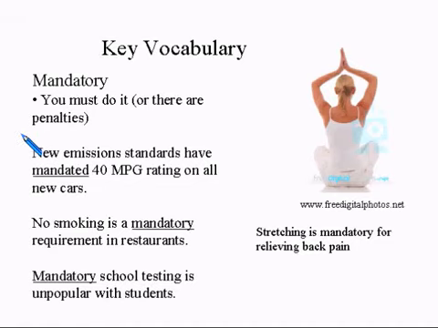So for example, new emission standards have mandated 40 miles per gallon rating on all new cars. So what have the companies done? They cheat. They put it on a dyno with no wind, and they get these fake miles per gallon ratings, and it's all a lie. So that's how they get around that.